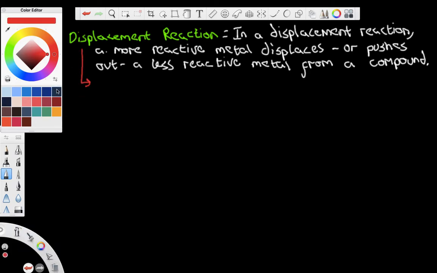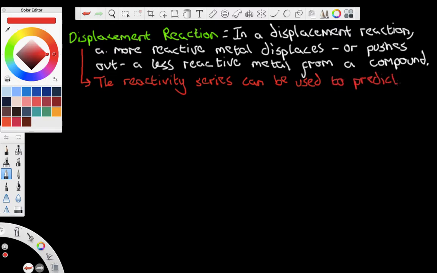So we can just put underneath here, and I'm putting it in red because it's important, that the reactivity series can be used to predict if a displacement reaction will take place.